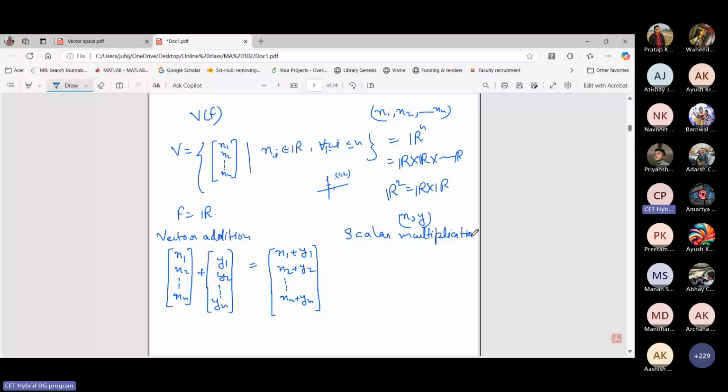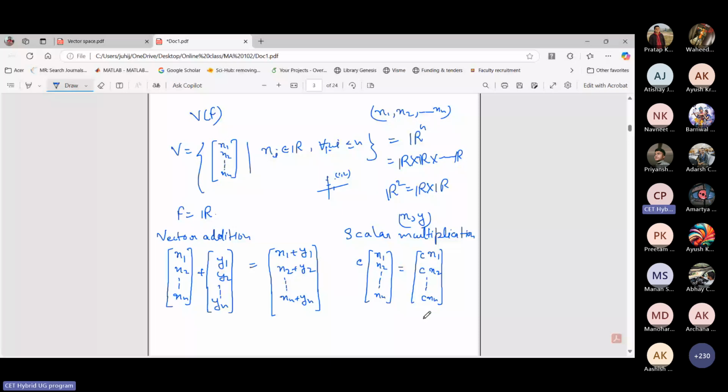If c is any scalar and x1, x2, xn is a member of our V, then this is scalar multiplication. How do we define scalar multiplication of a matrix? Scalar we multiply in each entry, right? Yes, ma'am.